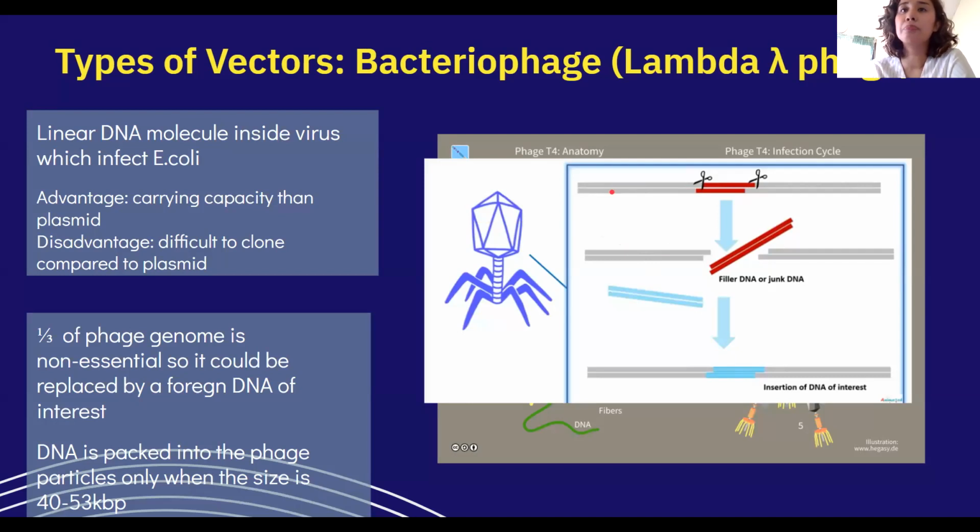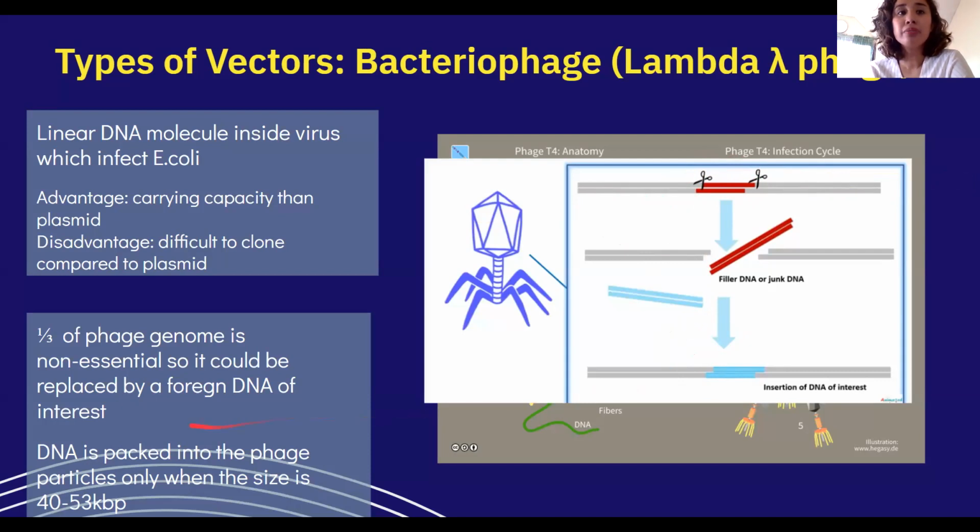So this is the complete genetic material inside the bacteriophage. And they discovered that one-third of it is filler DNA or junk DNA, which is non-essential for the bacteriophage. So what the scientists did is they cut the filler or junk DNA with restriction enzyme, and replaced it with a gene of interest.